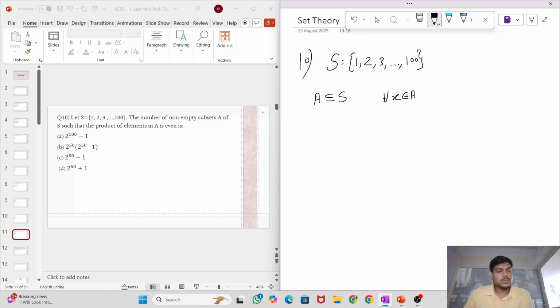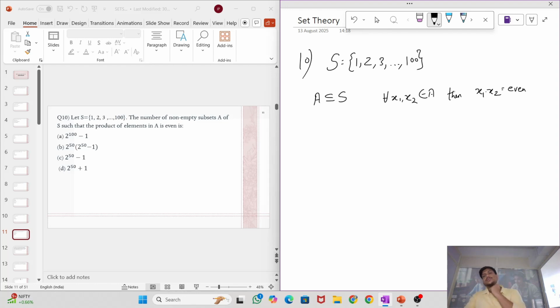So for x which belongs to A, let's suppose there are two elements x1 and x2 which both belong to A, then we want x1 into x2 to be an even number.